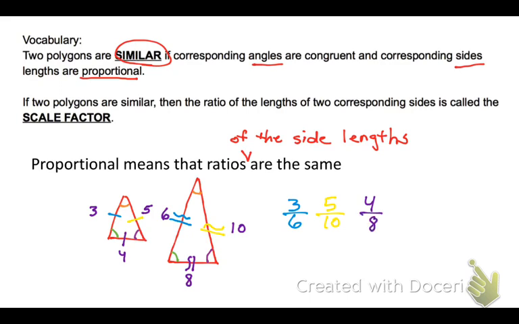When you have a similar triangle, these will all be equal. Of course, we know that 3 over 6 is equal to 1/2, because 3 goes into 6 two times. 5 over 10 is equal to 1/2, and 4 over 8 is equal to 1/2. So these sides are proportional, and that's what it looks like in numbers.